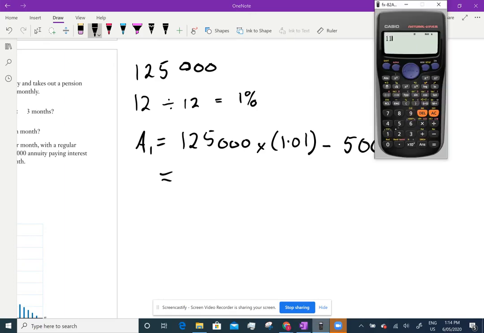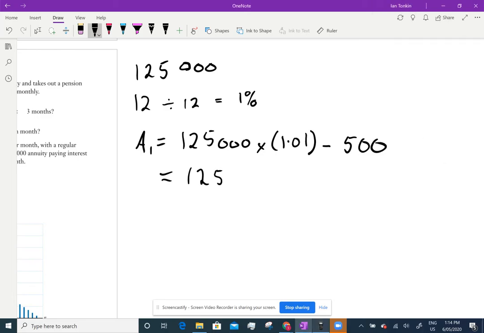So 125,000 times 1.01 minus 500 is 125,750. Let's double check, make sure we're right. And we're right.